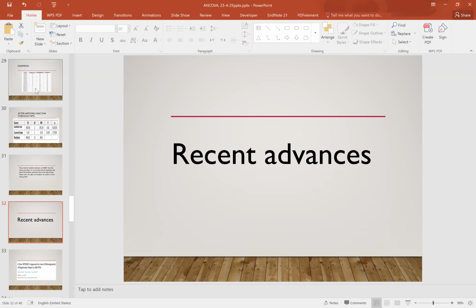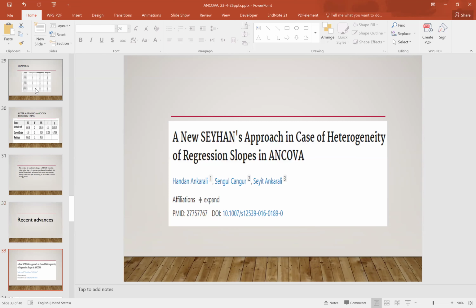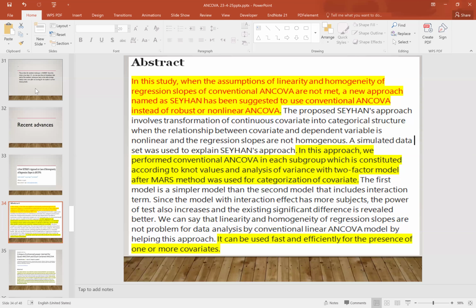Now it's time for recent advances. An article: A New Chebyshev Approach to the Case of Heterogeneity of Regression Slope in ANCOVA. In this study, when the assumptions of linearity and homogeneity of regression slope of conventional ANCOVA are not met, a new approach has been suggested to use conventional ANCOVA instead of robust or nonlinear ANCOVA.